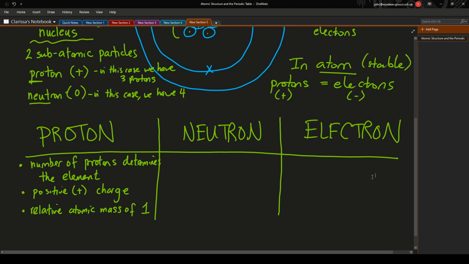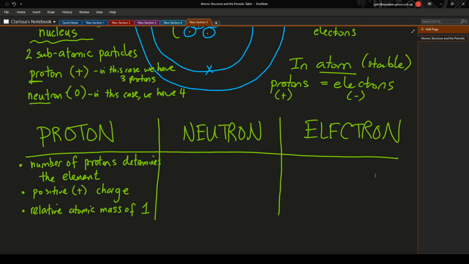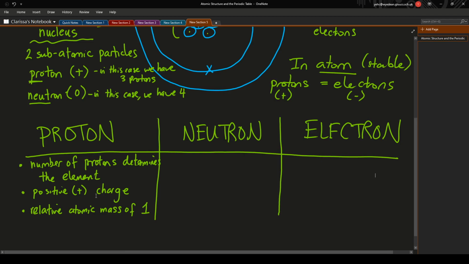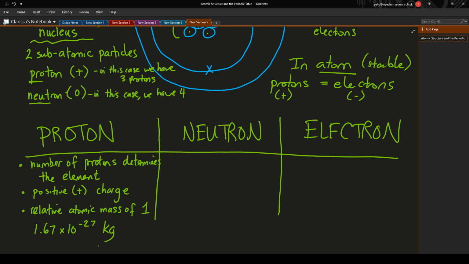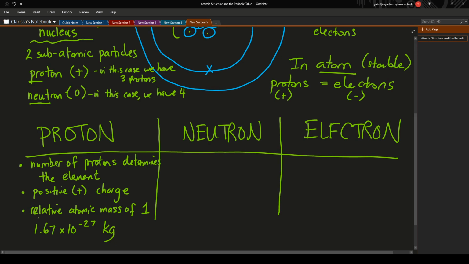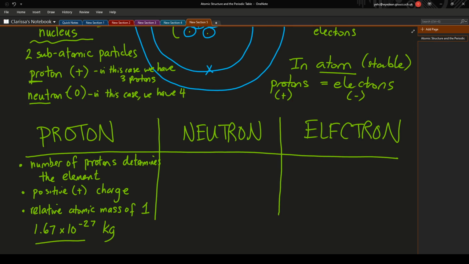So in reality, you don't need to memorize this number, but our proton has a mass of 1.67 times 10 to the minus 27 kilograms. Now, imagine being a chemist weighing out how many chemicals you need, and you're working with a number like that. It'd be annoying, wouldn't it?